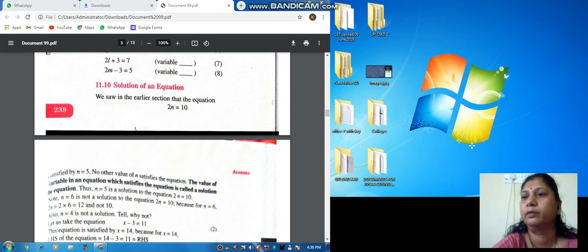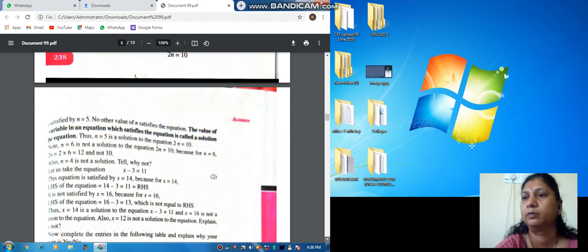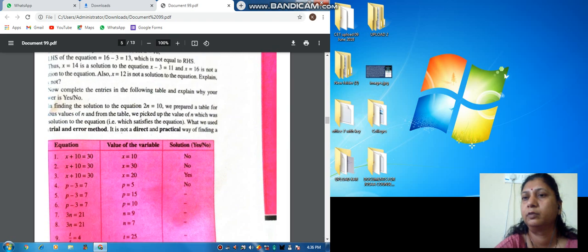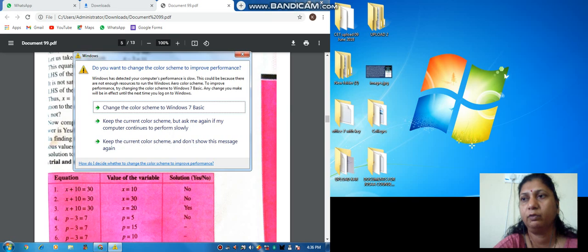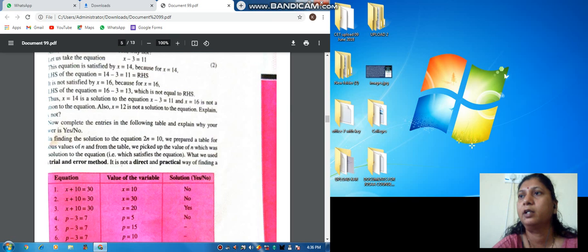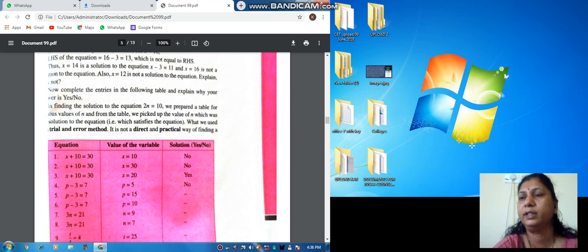Okay, let's start the next. Now there are some methods here. First of all we discuss the trial and error method. What is the trial and error method? In this method we have to put the value of the variable one by one.